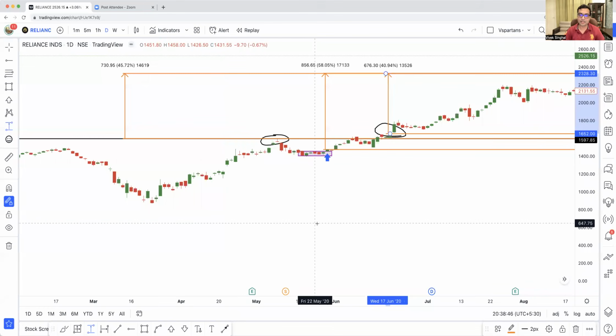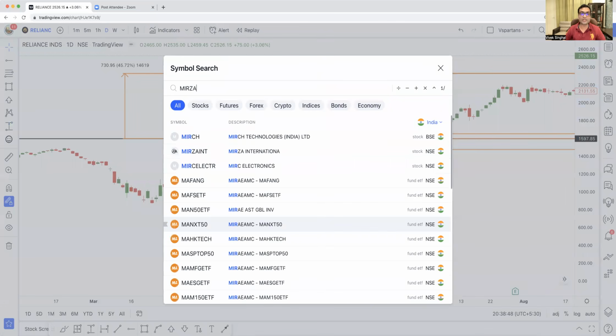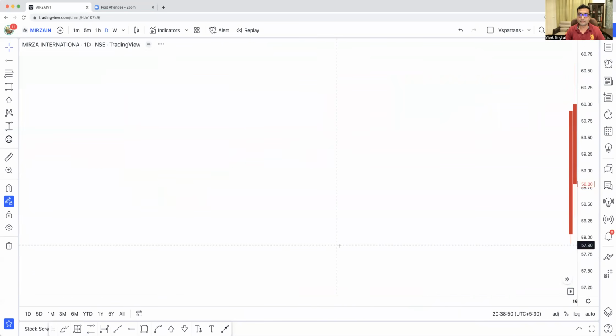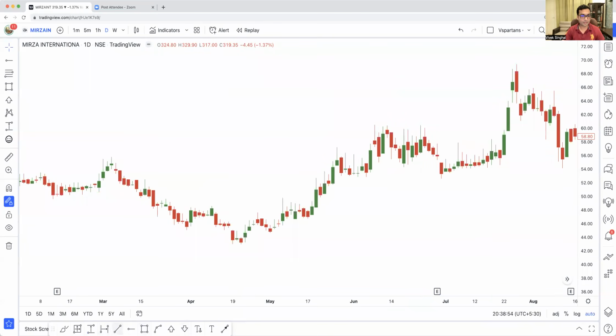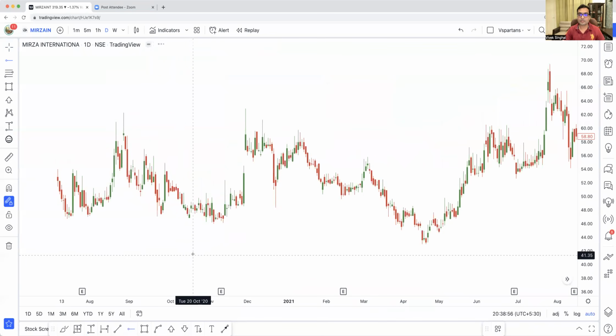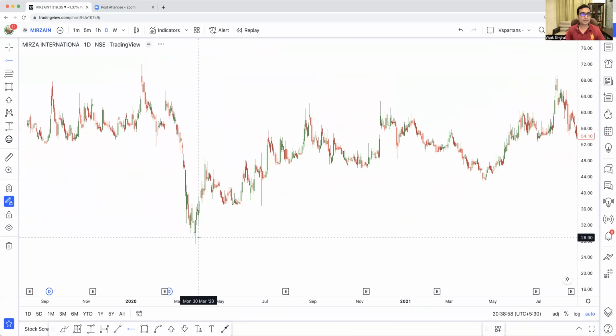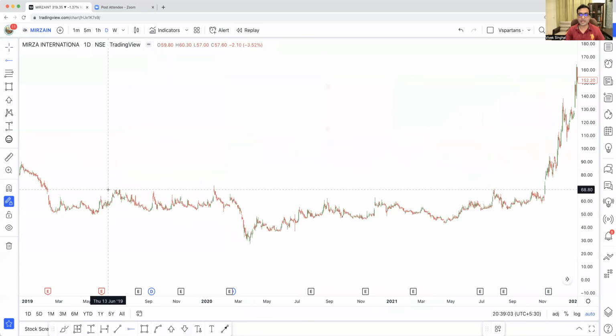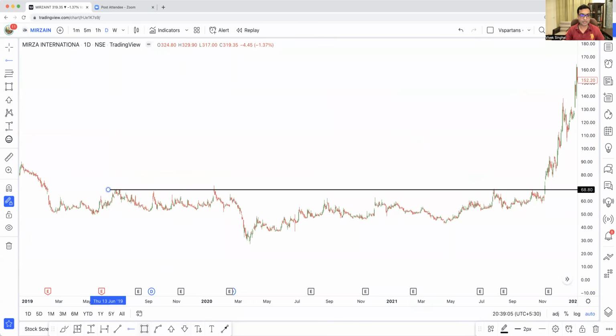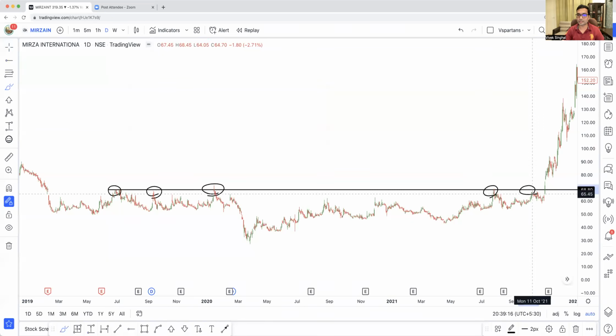So it depends. Like if we open the chart, Mirza International, just have a look at it, the holding period. So what are the connecting points? One connecting point, second connecting point, third connecting point, and fourth connecting point, and fifth connecting point.